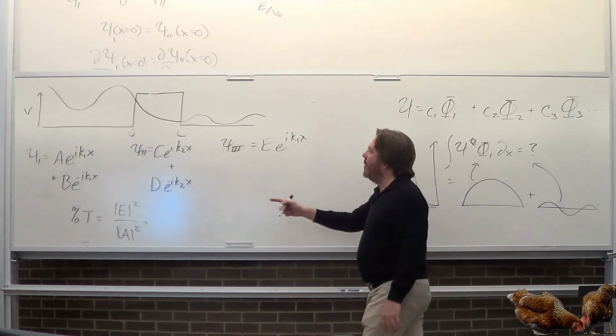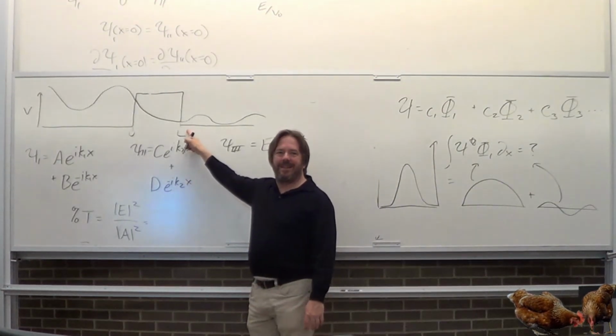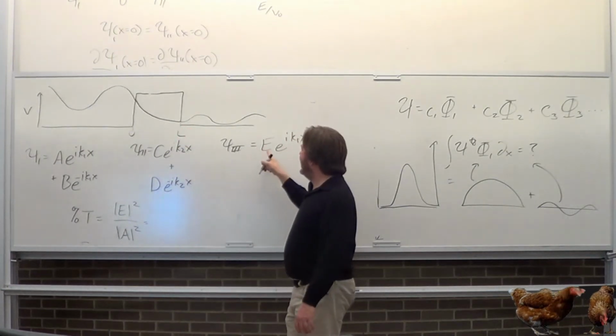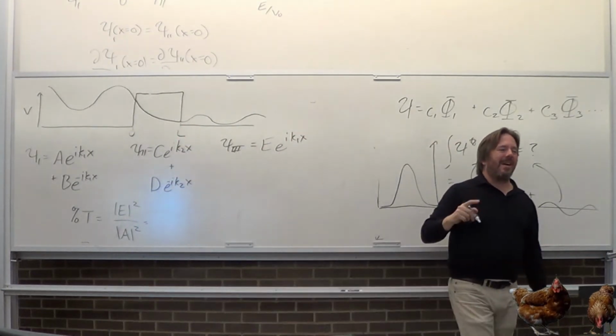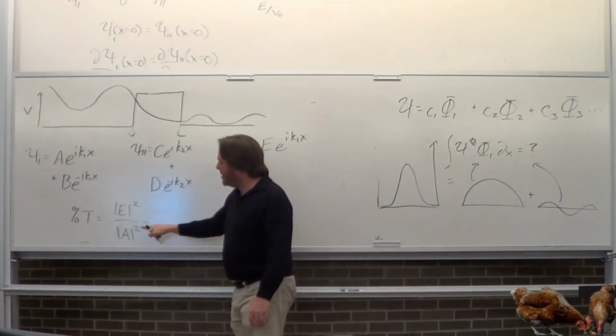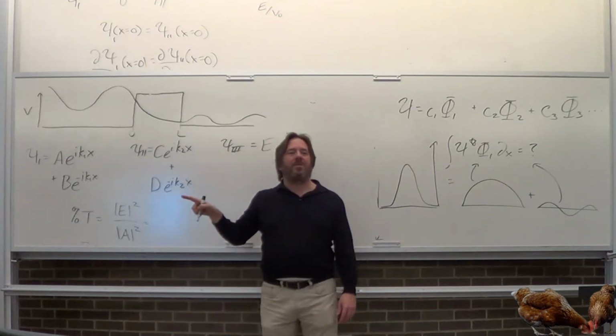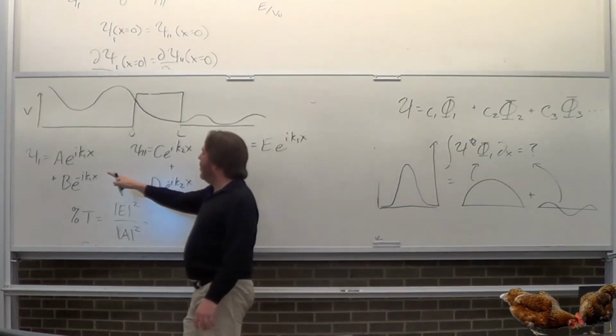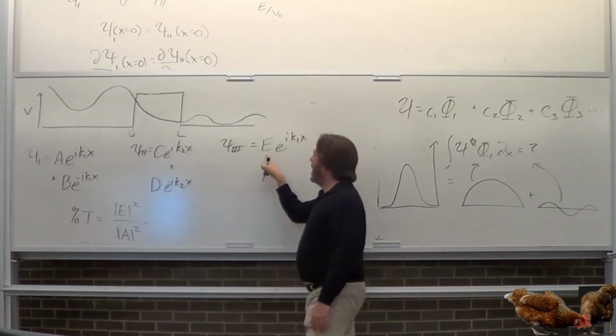Uh-oh. Now what have I got over here? Another 2 equations, and 3 unknowns: C and D and E. Now it turns out that it's ultimately solvable, because I've got 4 equations and 5 unknowns. 1, 2, 3, 4, 5.